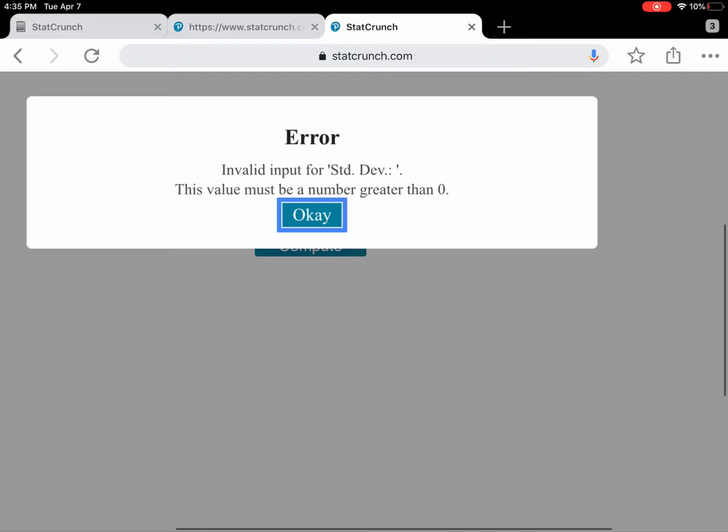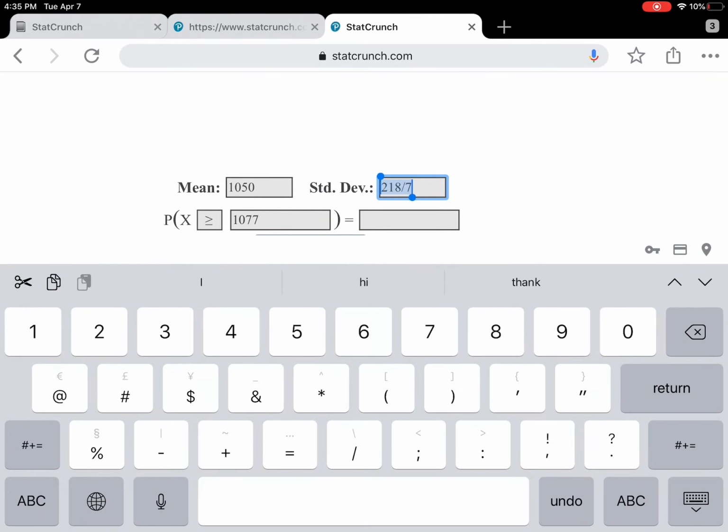All right, now we want to find the probability that X is greater than or equal to, in this case, it's going to be the same, 1077. And I hit compute. Oh, no. So you see what they're saying? Invalid input for standard deviation. This value must be a number greater than 0. So it's not like an Excel calculator where I type in something like that and they actually evaluate it.